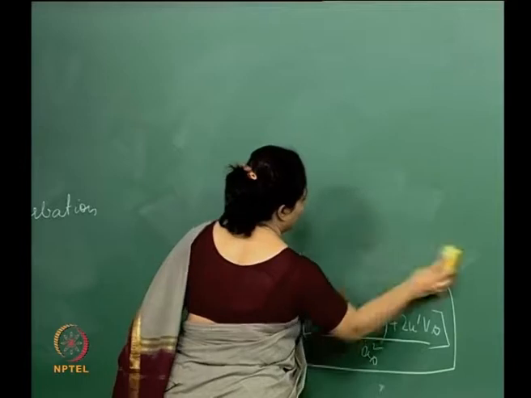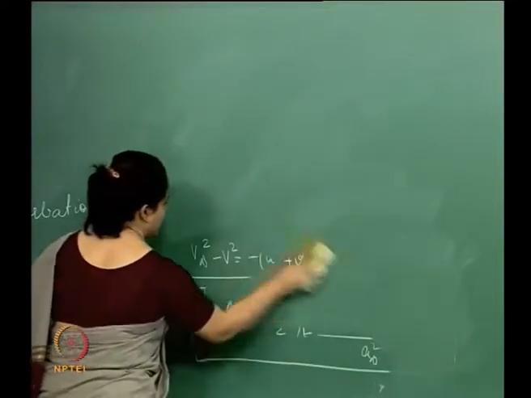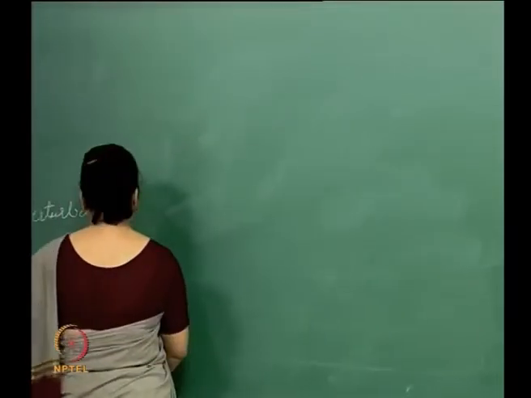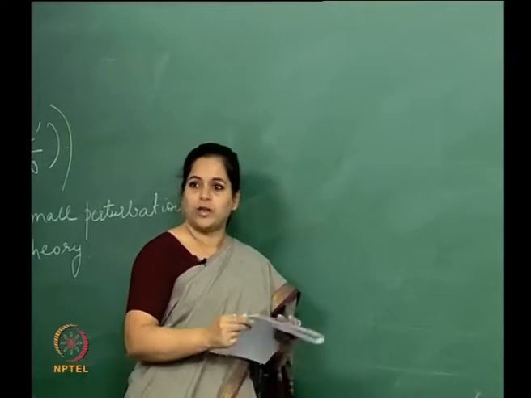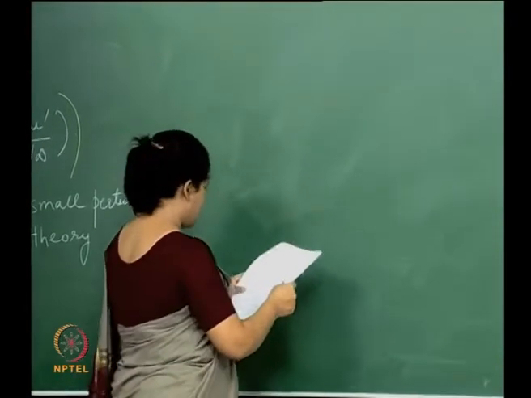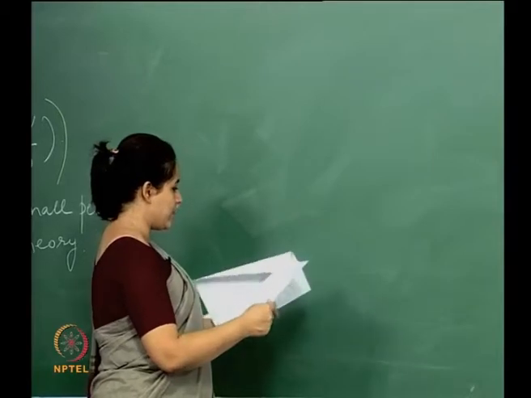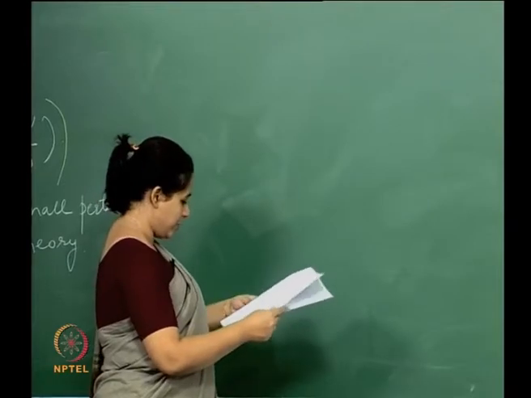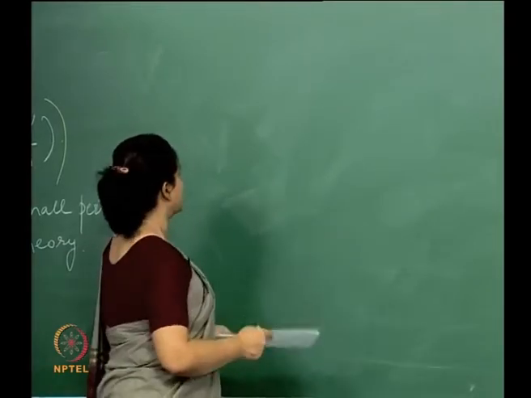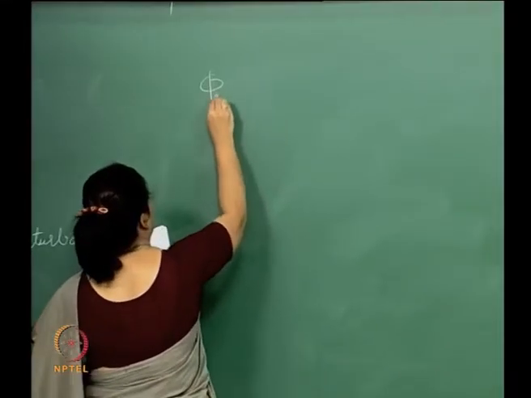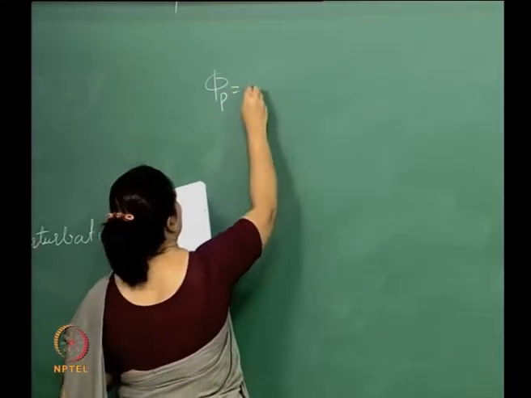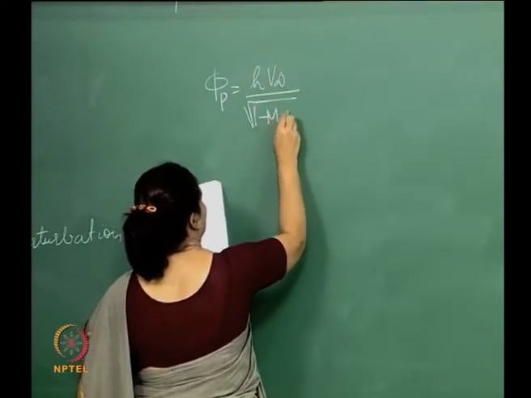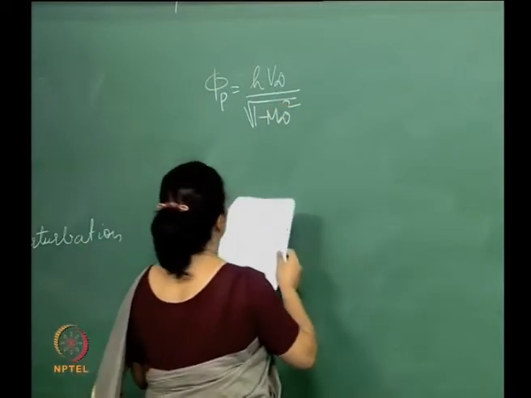Okay, now since we have an expression for the velocity potential, let us plot that over the wavy wall and see what we get. Okay, so what did we get for phi p? Okay, so phi p was this, right.